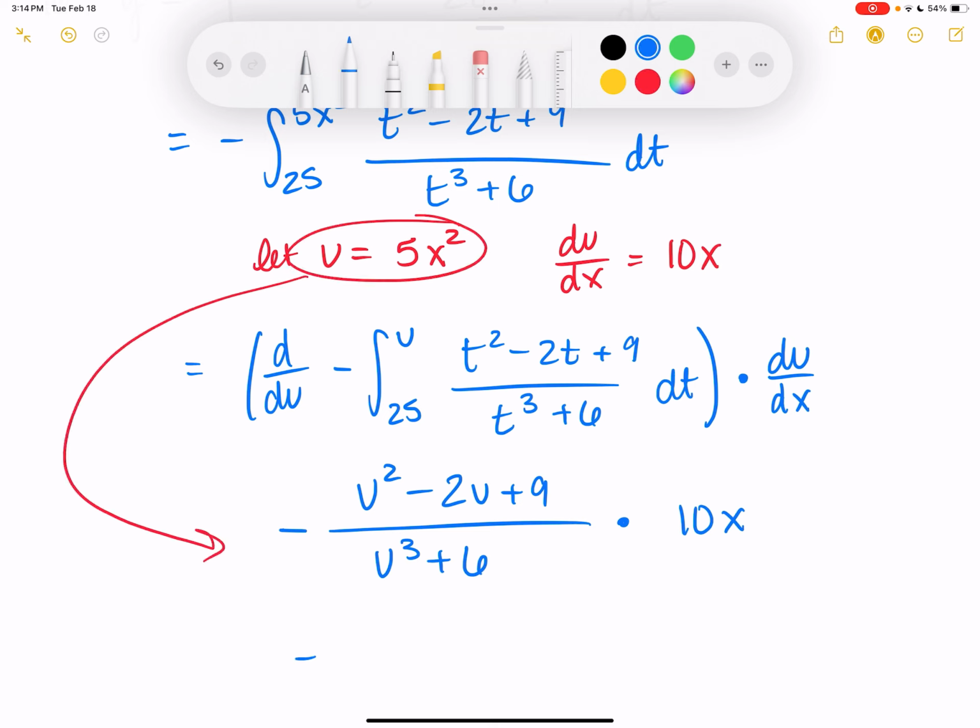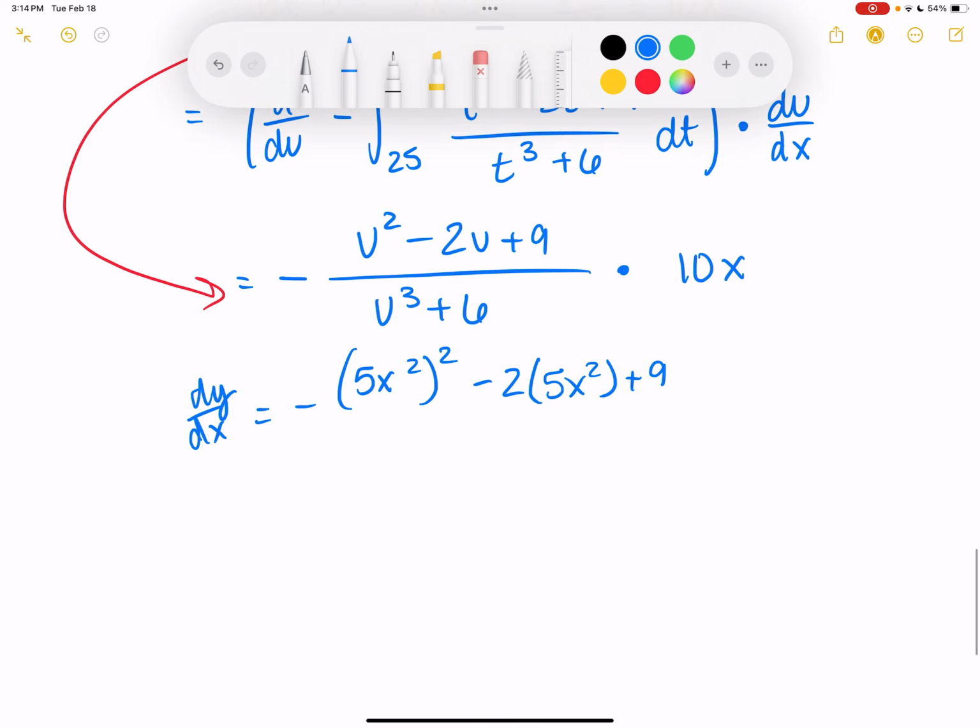I should say this is dy/dx, which is negative (5x squared, squared, minus 2 times 5x squared plus 9) over ((5x squared) cubed plus 6), all times 10x.